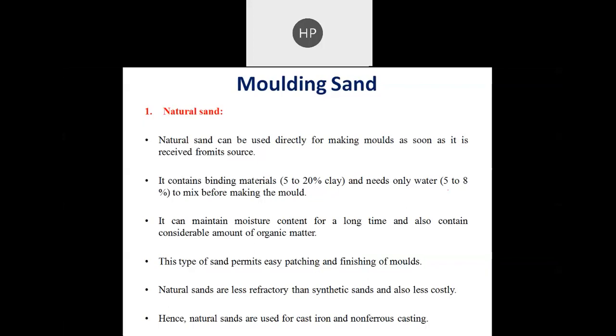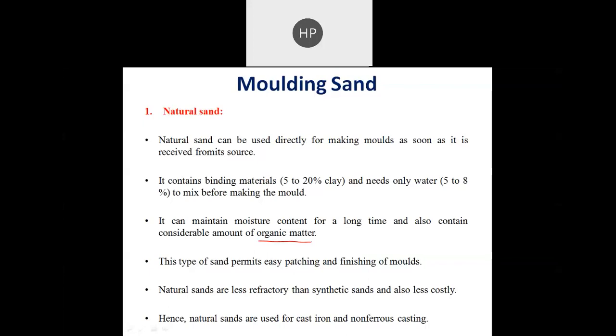So it can maintain moisture content for a long time, and also contains a considerable amount of organic matter, because the sand that we are getting from nature, from the original source, is not processed, and we directly use that sand. That's why it not only contains sand particles, but also some organic matter, and due to that it can maintain moisture for a long period of time.